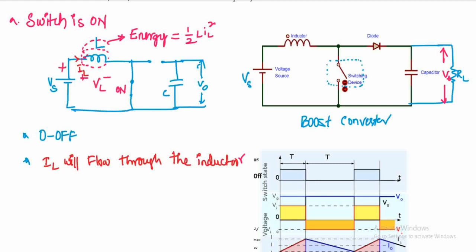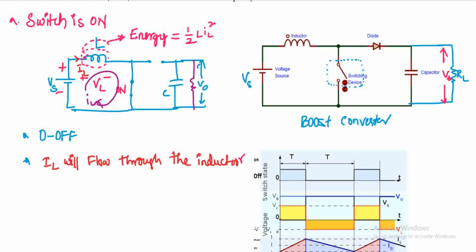The current flow will be like this. There is no current flow through the diode, so this is open circuited. The voltage across the output terminal will also be 0. So while on condition, what is the voltage across the output?